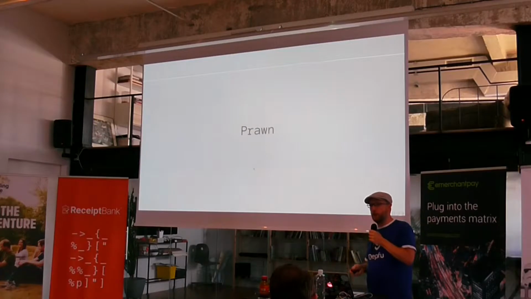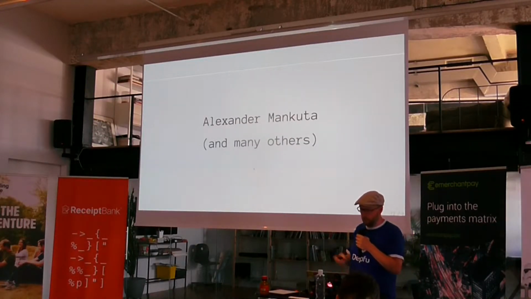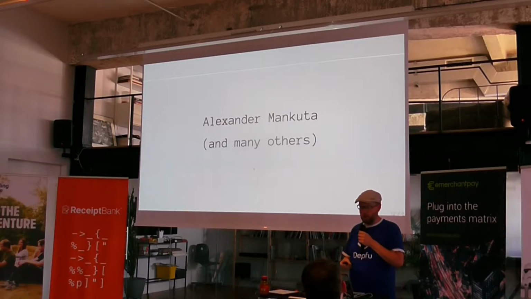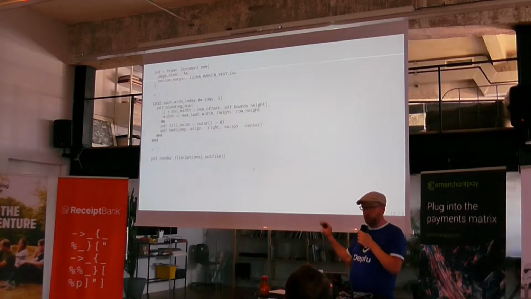Prawn is a library that allows you to create PDFs. It's written by Alexander Mancuta and many others, and it's relatively easy to work with. This is just a small part of the program.